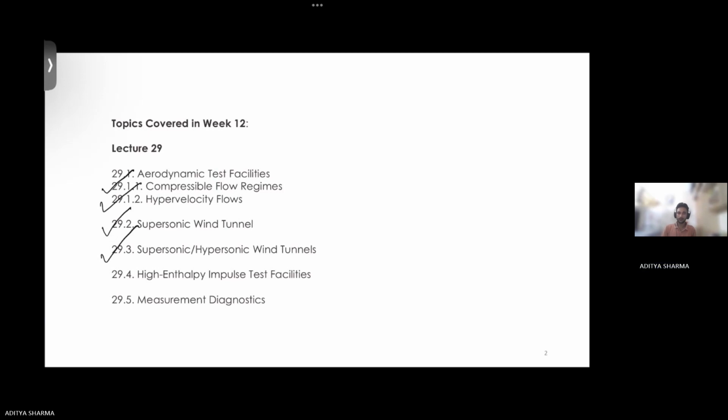The components of a shock tunnel are as follows. First we have a driver section. After that we have a driven section, right? And at the exit of the driven section we have a CD nozzle, right? After the CD nozzle we have a test section, and at last we have a dump tank.